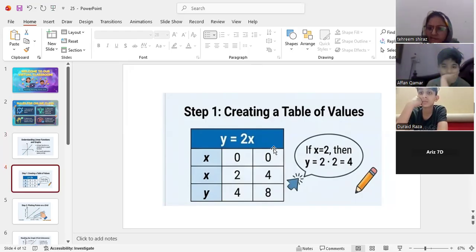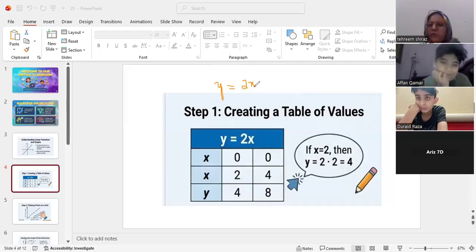That is known as a linear function. Let's take the example of this function where I'm saying the value of y is equal to 2x. It means that whatever the value of y is, the rate of constant change in x will be 2.